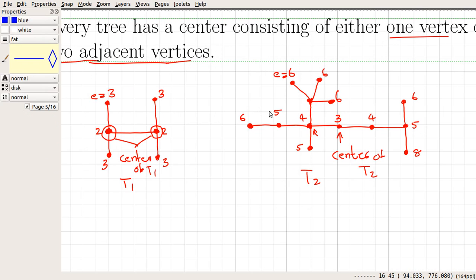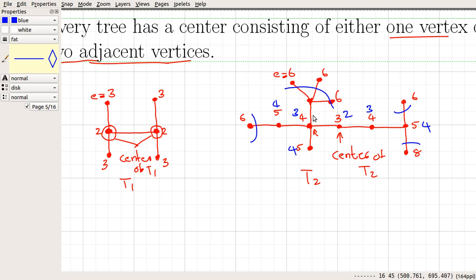In the first step we will delete all the pendant vertices, so we will delete all these and these two. After deleting all these, the eccentricity will get reduced by 1 on the remaining tree. So the new eccentricities will be 4 here, 3, and here 4, 2, 3, 4, and again we can see that the center won't change.